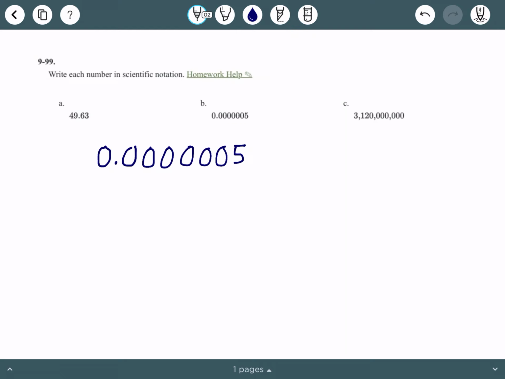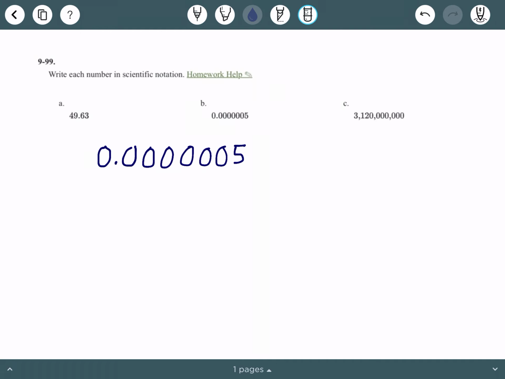This is where precision is really important with math. Even if you think you're sure, double check yourself, because if I have an extra 0 or not enough, then that's really going to mess up my final answer. So I had 1, 2, 3, 4, 5. Yes, I had 6 zeros. Okay.